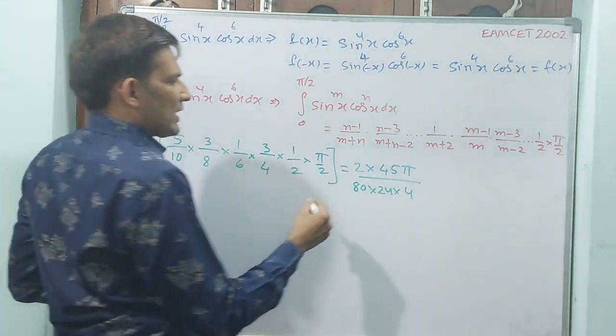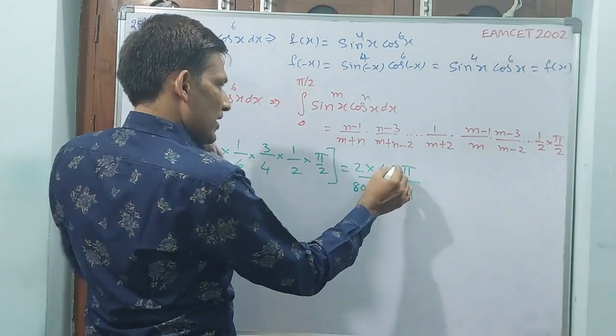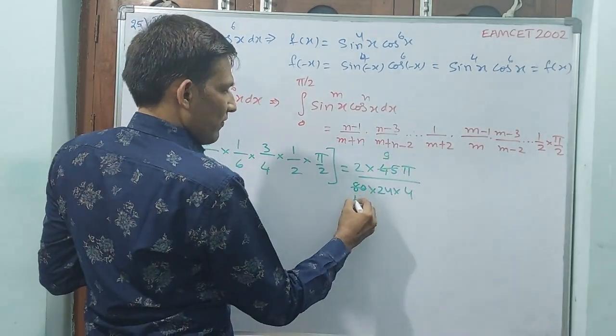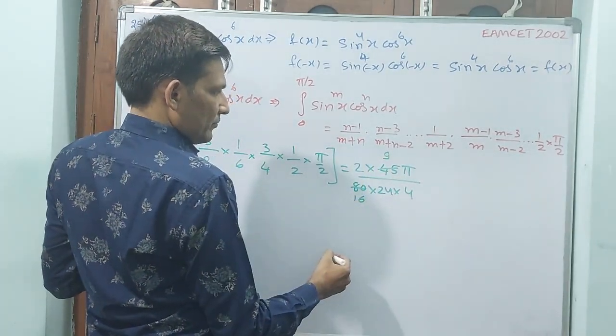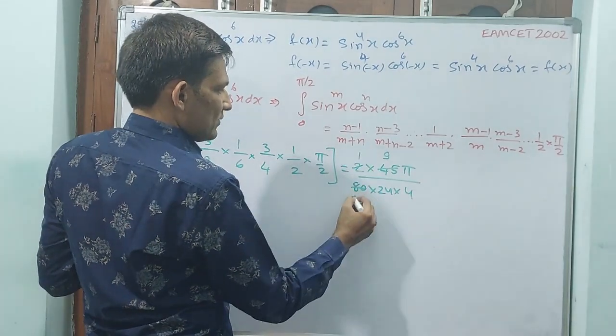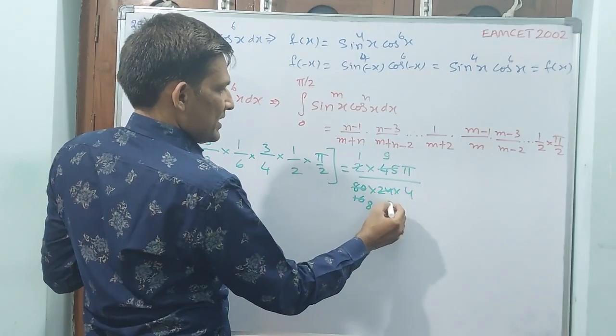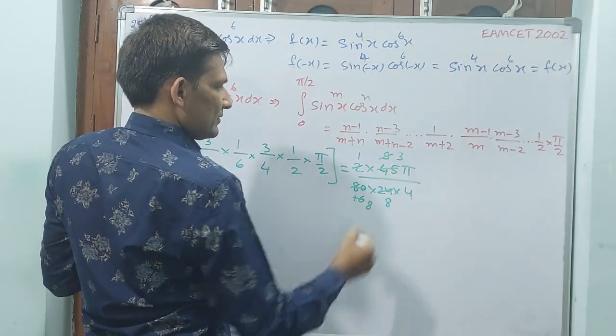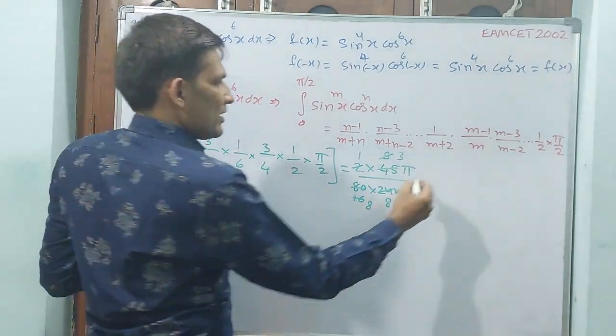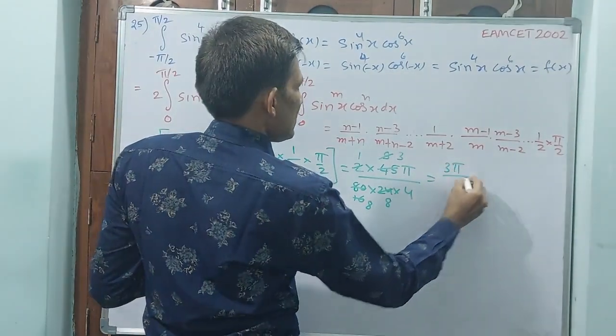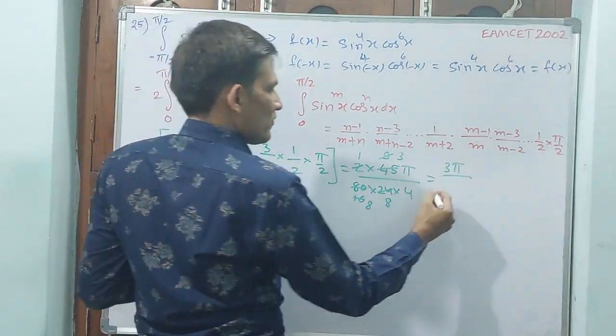Now you make some cancellation. 5 9s, 5 1s, 5 6. 2 1s, 2 8s. 3 8s, 3 3s. See, numerator is only 3 5, but denominator is 64 into 4.